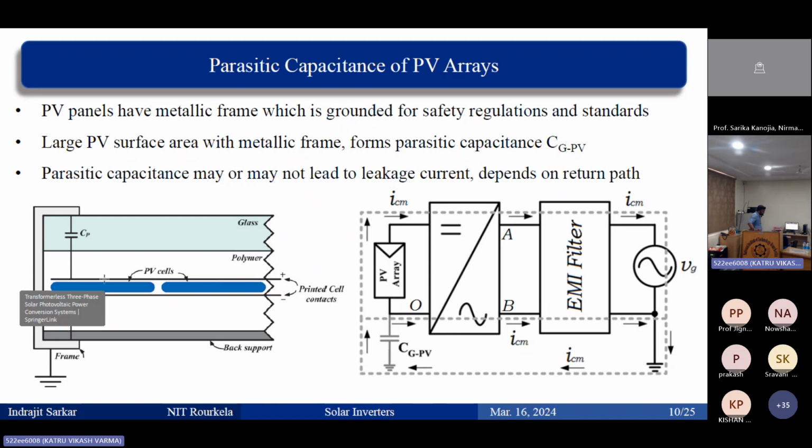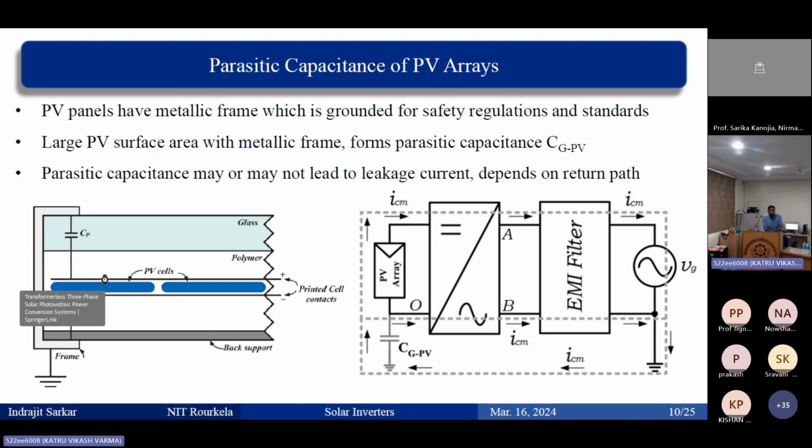Now anywhere you go, there exists a capacitance. There is a rule that you must be knowing, that you cannot use cables more than 30 or 40 kilometers if it is AC. Why?